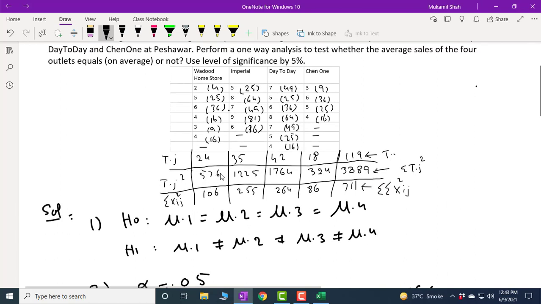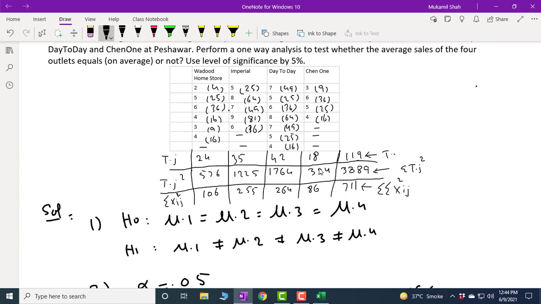You have to take this value and it should be divided by the number of rows in the first column: 1, 2, 3, 4, 5 and 6. Similarly, you have to add this value, 1225, and it should be divided by the number of rows, 1, 2, 3, 4, 5 this time, plus you have to choose this third value, and it should be divided by the number of rows in the third column, which is equal to 7 in this case, because this is 1, 2, 3, 4, 5, 6 and 7.